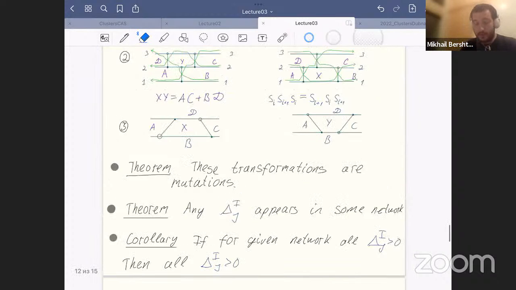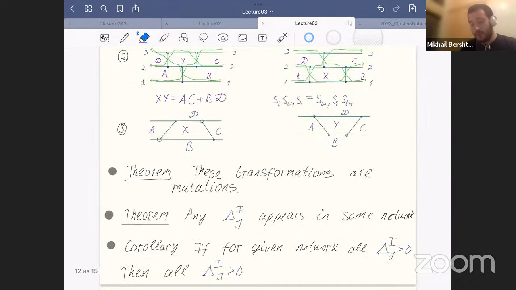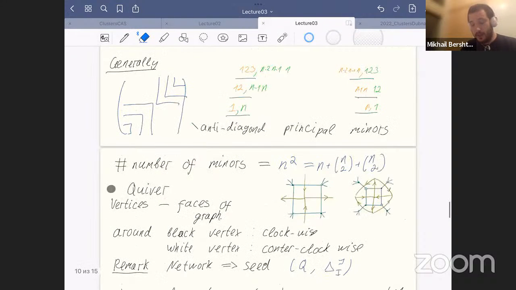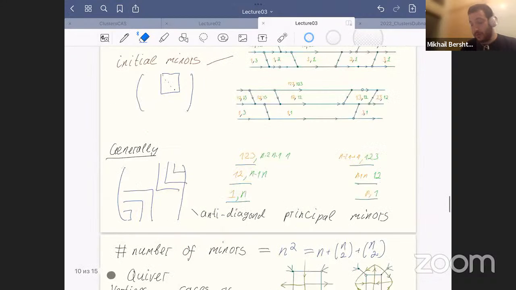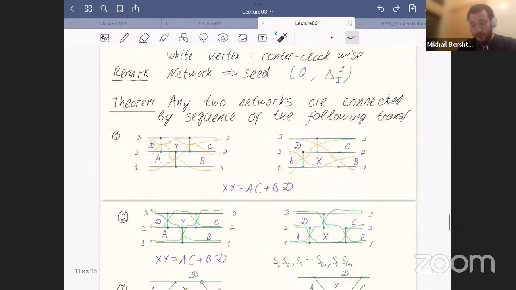So as a corollary we get an efficient criterion to check that a matrix is totally positive. You have to check only minors which appear in some network. So you can pick your favorite network, for example, this one, and you can check only these initial minors. And if they are positive, then all minors are positive, so the matrix is totally positive. Okay.